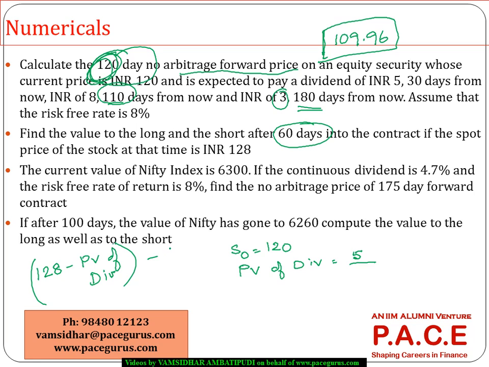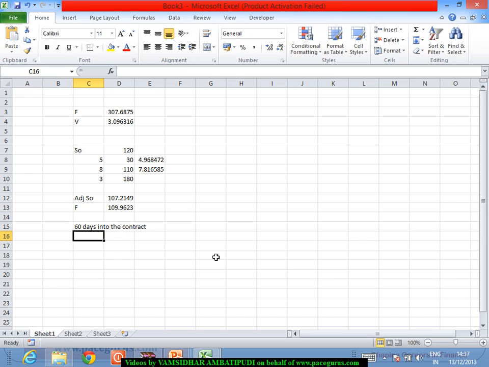And after that, I'll put the forward price, the present value of the forward price, 1 plus R to the power T. So how do I adjust the present value of the spot price?